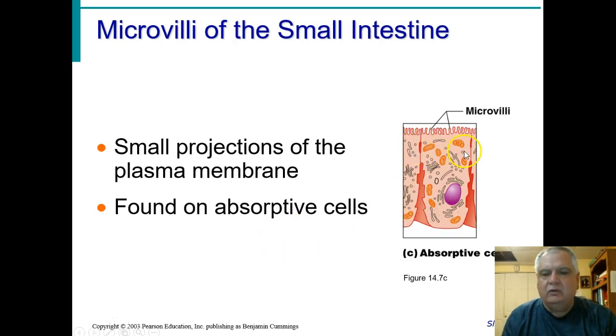Here we can see some absorptive cells, and at the apical region of this cell we can see how the membrane is thrown into these additional folds. These additional tiny finger-like projections are referred to as microvilli. Again, that increases the surface area through which nutrients can be absorbed from the lumen, once the enzymes act on them, through these cells and then passed into the blood.